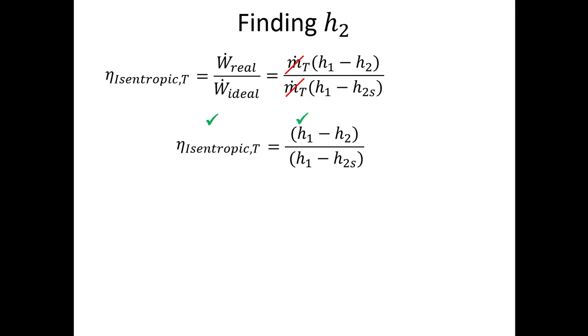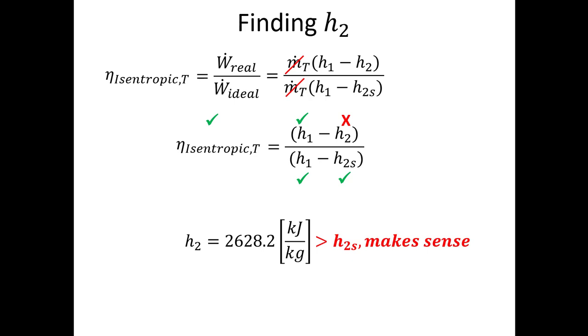I know the isentropic efficiency. I know H1, and I know H2s. So the only thing I don't know is H2. So I could rearrange this equation and find that H2 is 2,628 kilojoules per kilogram. This makes sense because H2 should be bigger than H2s because we can't get quite as much power out of the real turbine compared to the ideal turbine.